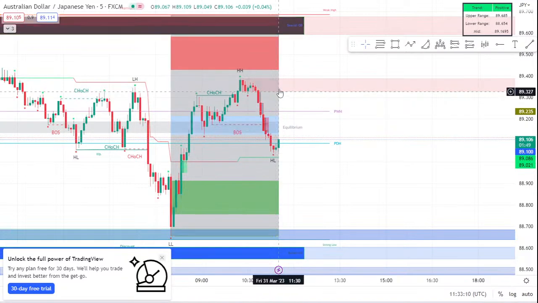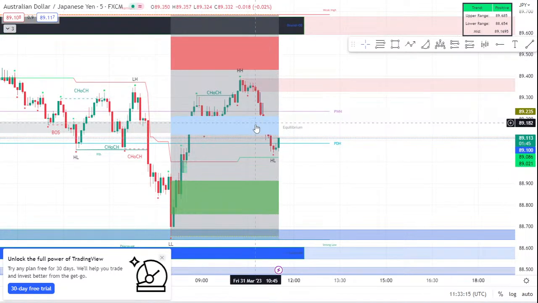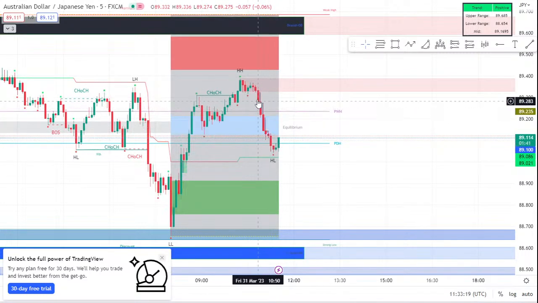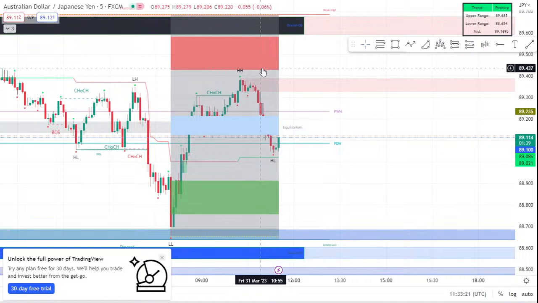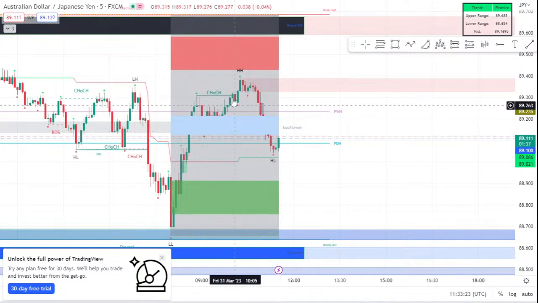So let's say I entered here, my stop loss was around this zone over here. Once the market starts moving to the downside and I'm in profits, I'll remove my stop loss from up there and put it under my sell position.